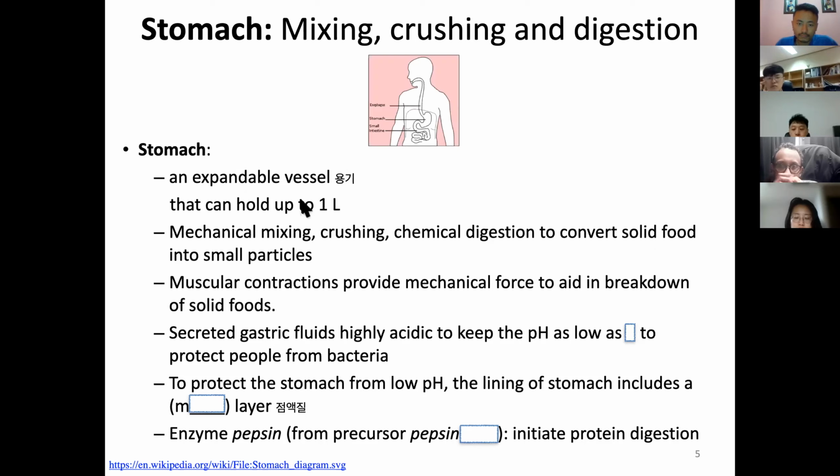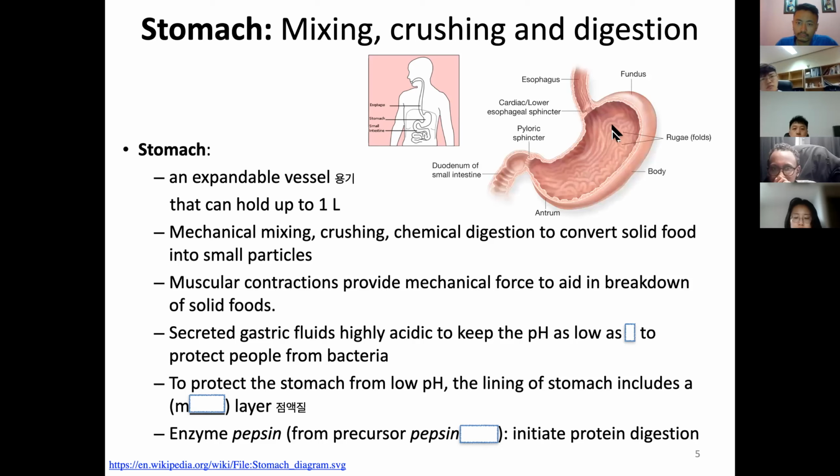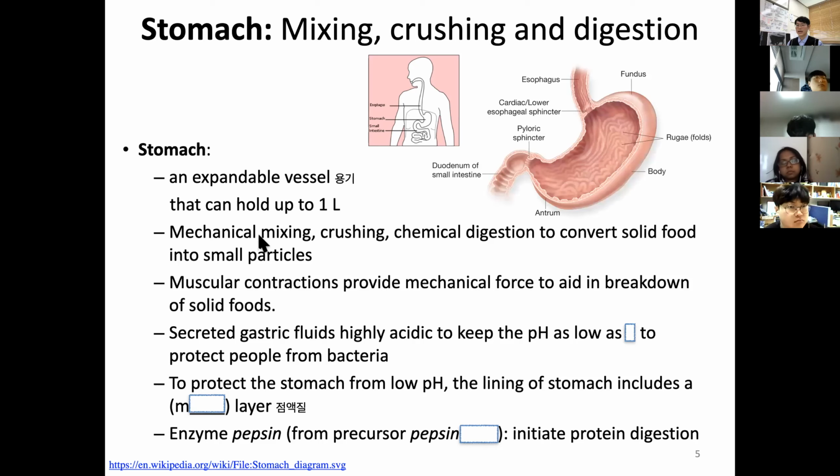And think about where your stomach exists. It's actually pretty low here, lower than the diaphragm, and it's the junction with the small intestine. And this one has this shape. You can already see it is very muscular. So that's mechanical mixing, muscular contraction providing mechanical force to help break down the solid food.